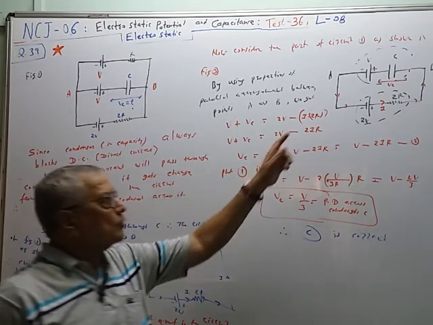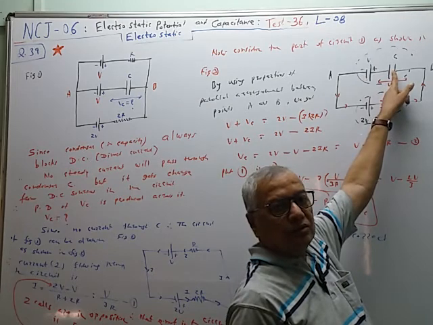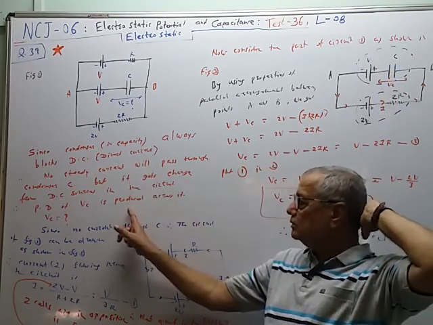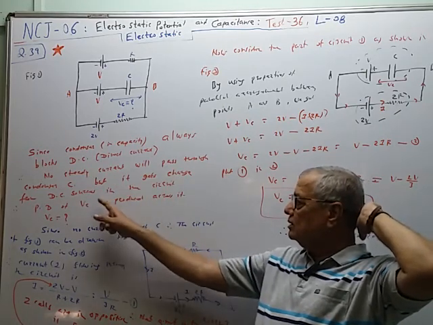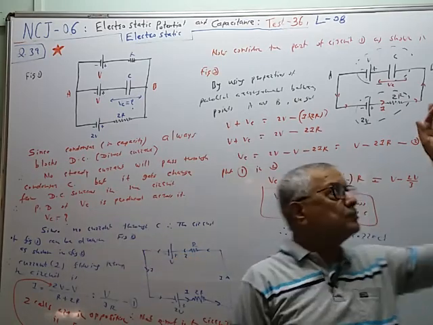No current flows through this branch, but the condenser is getting charged, and the potential difference across it is what the first paragraph was about. There is no flow of current through the condenser, but it gets charged from the DC sources in the circuit. Therefore, potential difference Vc is produced.